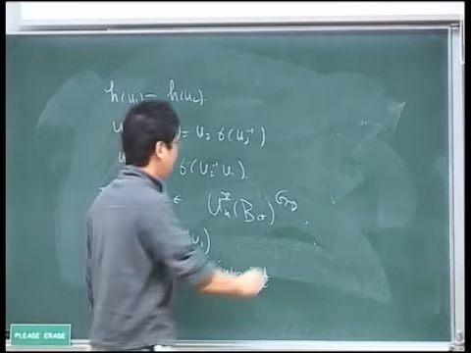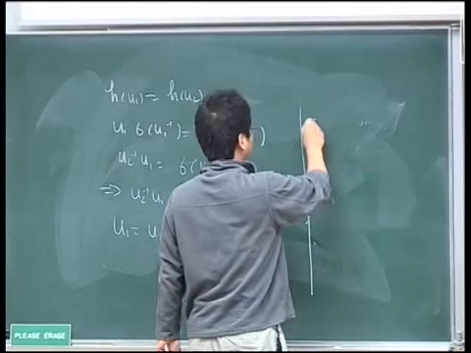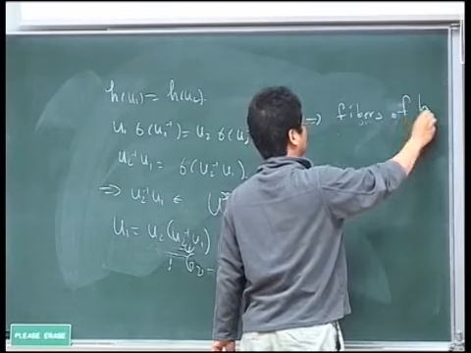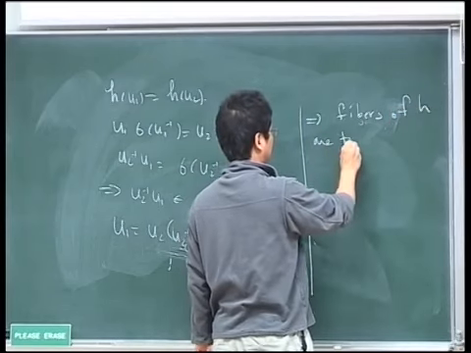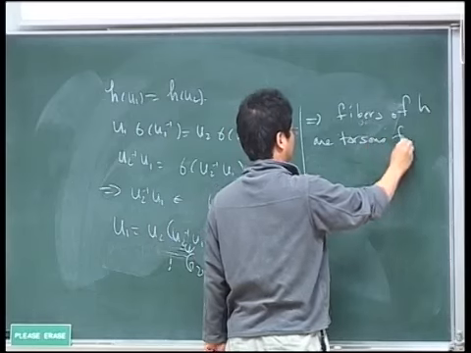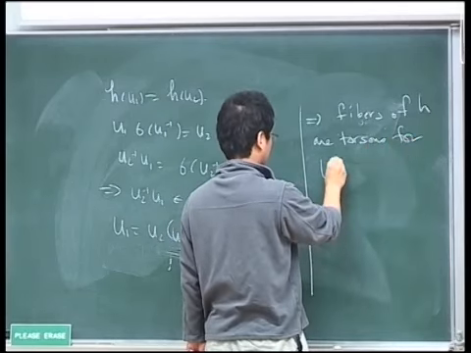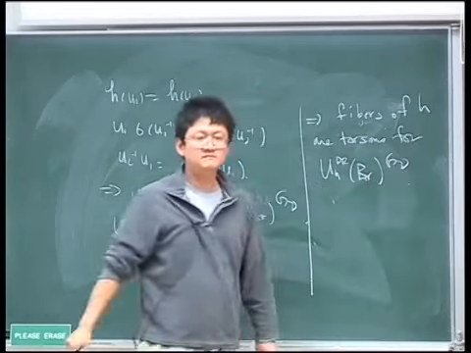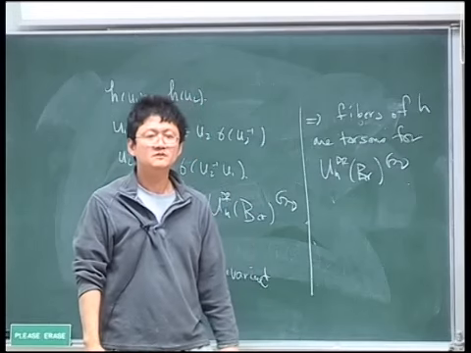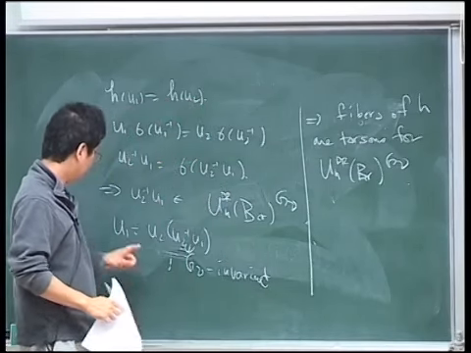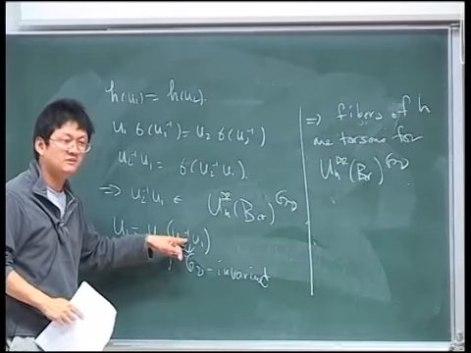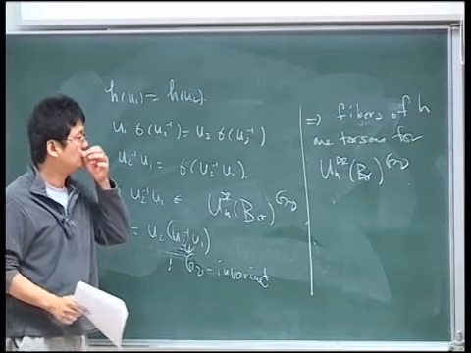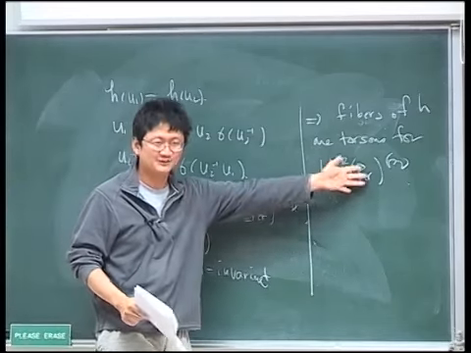So the point here is that the fibers of the map H are torsors for this thing, UN B Chris GV. Actually, the converse is also easy. If you take U2 and modify it by a GV invariant element, you get the same cocycle associated to it. So in fact, fibers are exactly torsors for this.